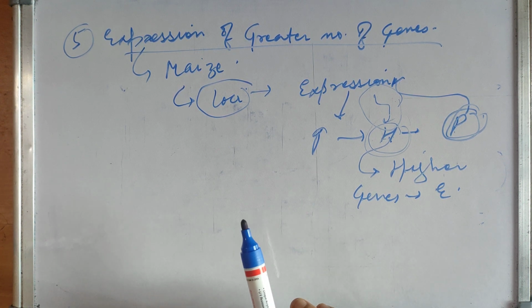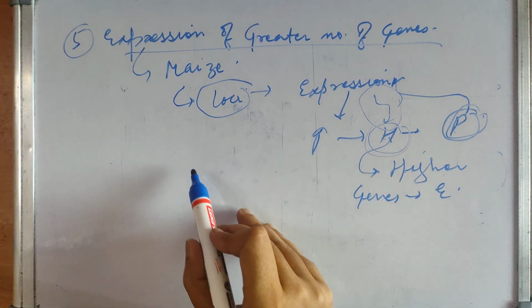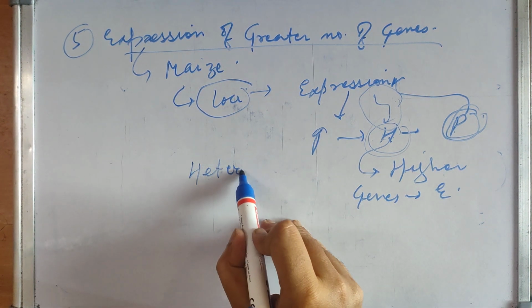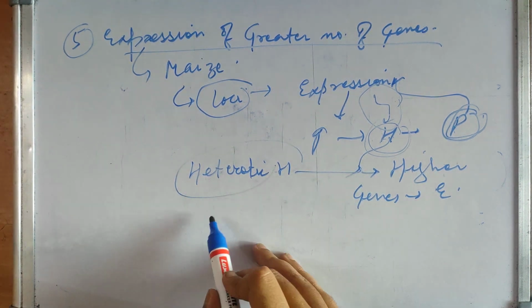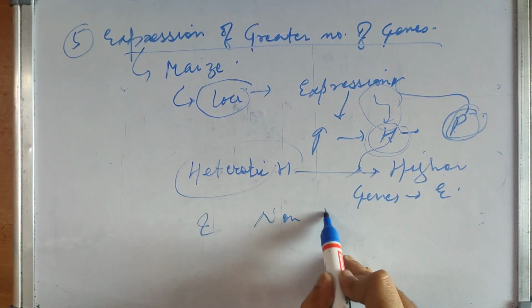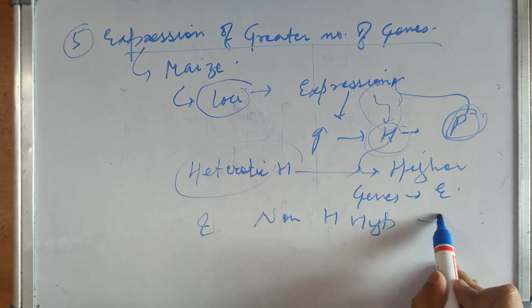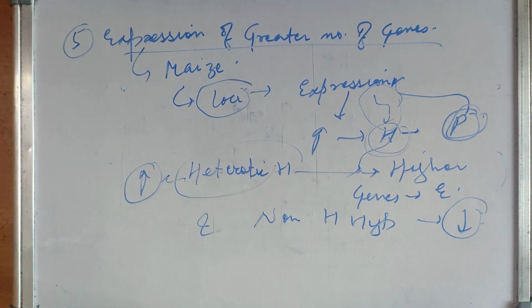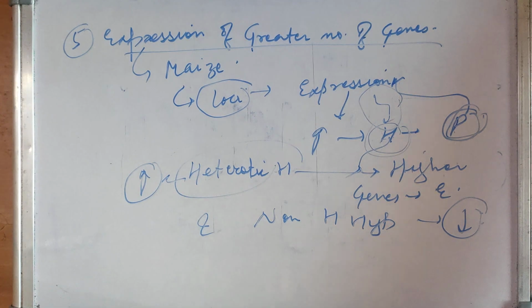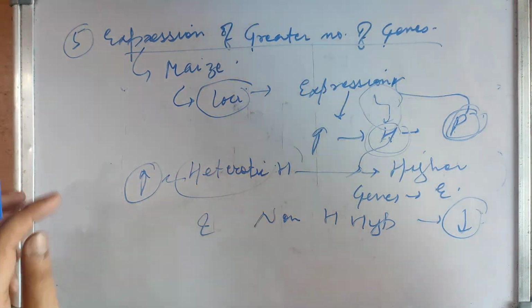And this was higher in heterotic than non-heterotic hybrids. In heterotic hybrids this expression was higher as compared to non-heterotic hybrids. Here the expression was low, and in heterotic hybrids the expression was high. I hope you all understand this.